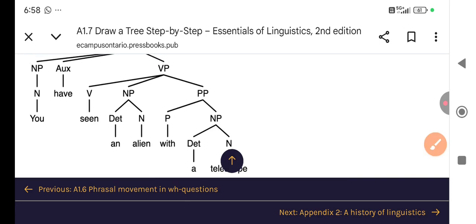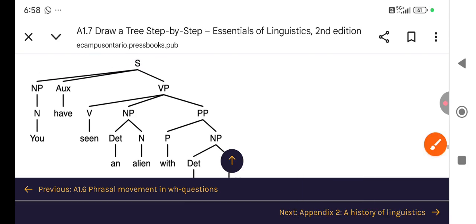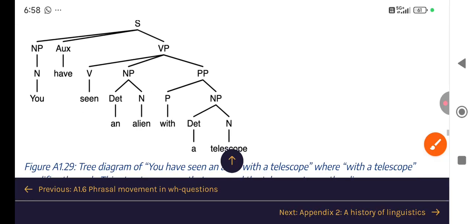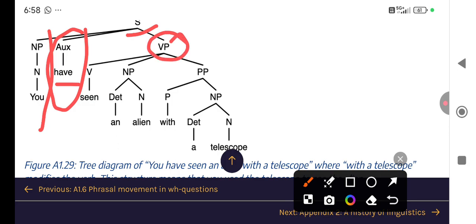Sentence, right? What's the sentence? Sentence first, you, because that is a noun phrase, because from here the verb auxiliaries start. So that's have. Then have is a separate branch directly attached to the sentence. Then verb phrase, seen, that's a verb.